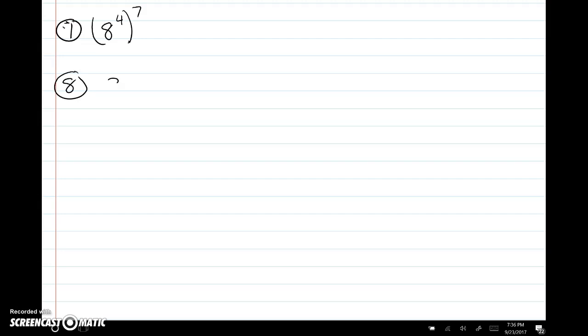Let's do 3 to the 5th to the 10th. Answer in the box when it appears. And finally, number 9. 2 to, let's go crazy, 100th to the negative 5. Okay, answer in the box.